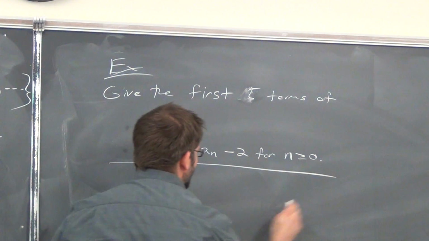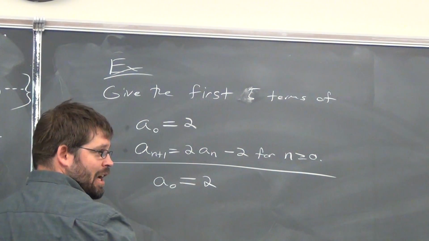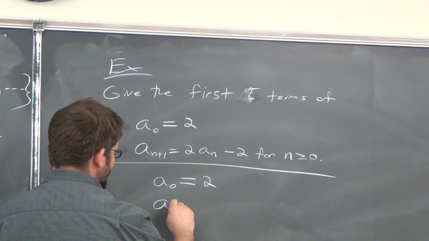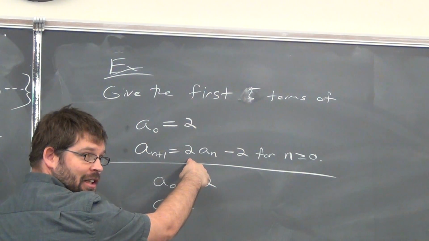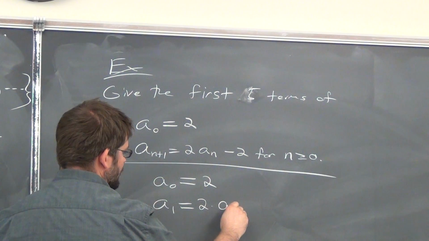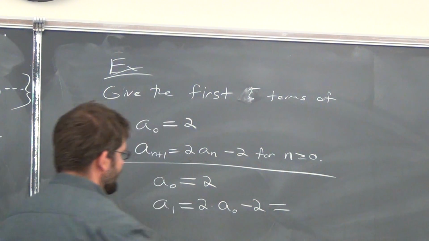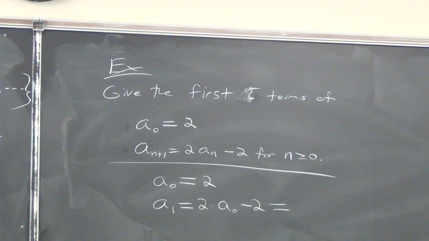And so all we do to write these out, and I'll just write them up slowly. So a sub 0 is 2. What's a sub 1? Well, the formula says it should be 2 times a sub 0 minus 2, and so in this case, what is it? This one's going to be silly. It's 2.